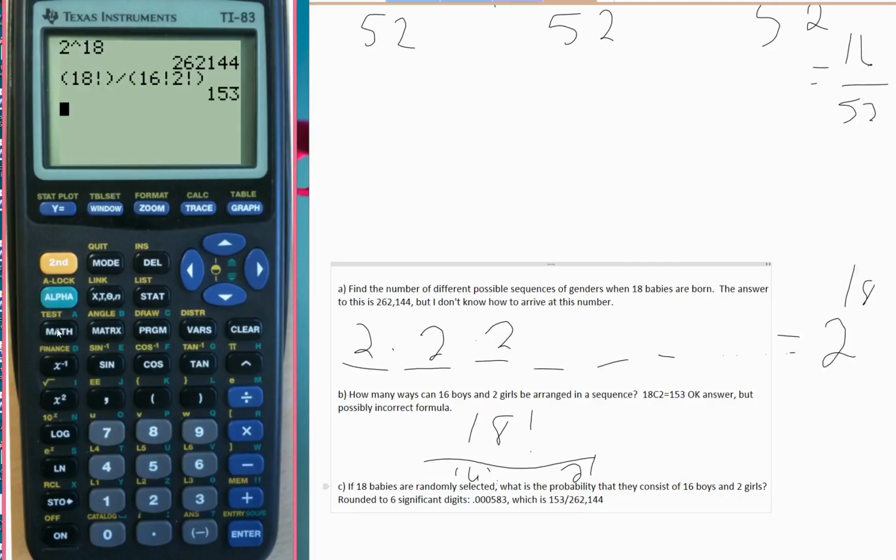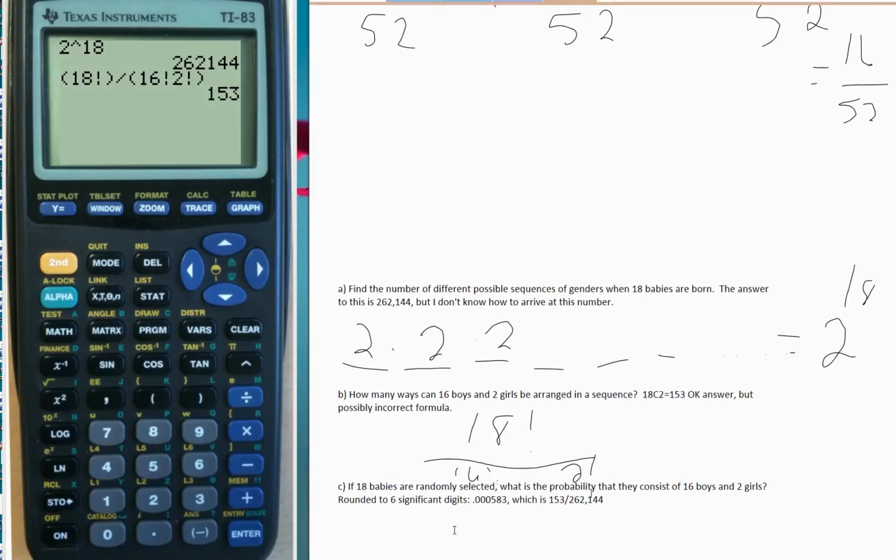And there's where we get the 153. Now, another way of thinking about this one is if you have 18 kids, how can 2 of them that you choose be girls? And that's what this combination is. How can you choose 2 of them to be girls?